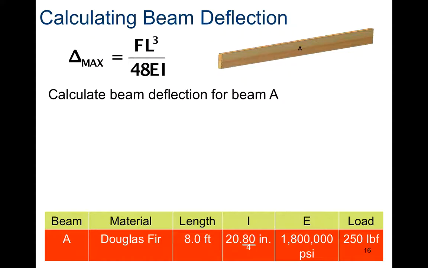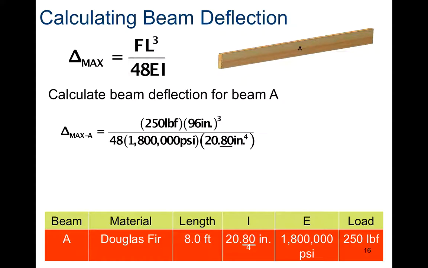Given the information below, we can calculate how much this piece of Douglas fir deflects with a load of 250 pounds. The pounds is just an English measurement of weight. Yeah, so we can just plug in those numbers.